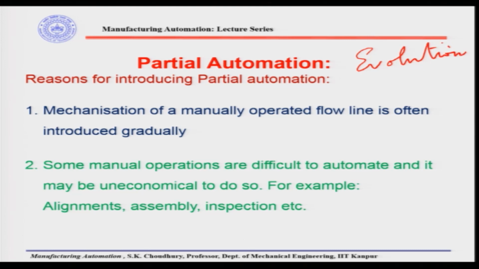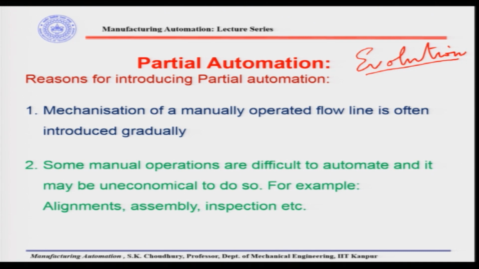See, there are two words, one is revolution and another is evolution. So, this is an evolution because it does not happen overnight, and we are not throwing out all the positive aspects of the mass production. Therefore, initially we cannot install the automation overall, but it will be partial automation. That means there will be some manual operations in the process.